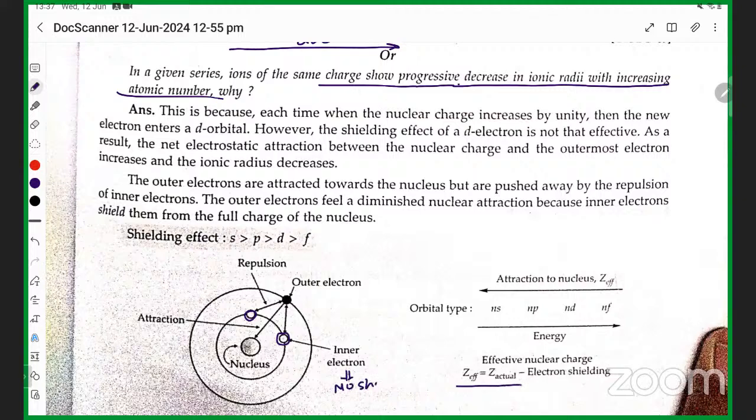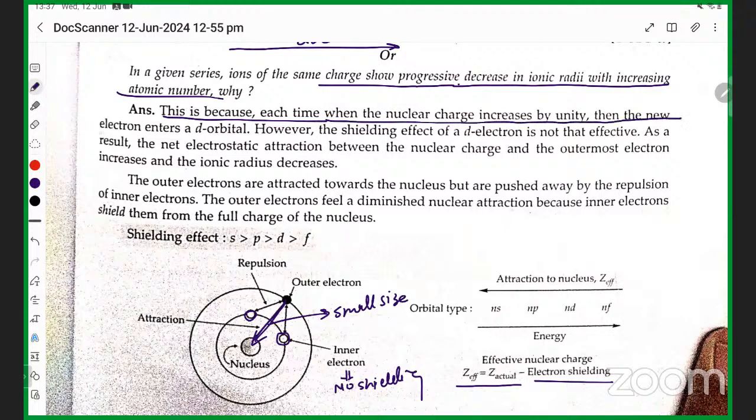Here Z effective is equal to Z actual minus shielding. So with no shielding, the electrons are completely attracted, and completely attracted means small size.